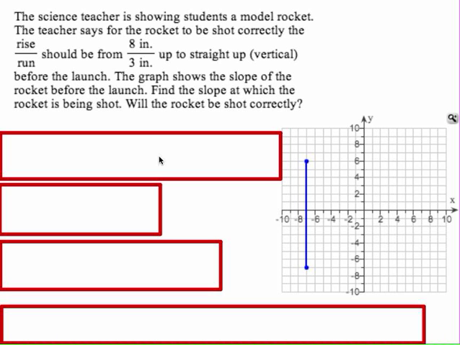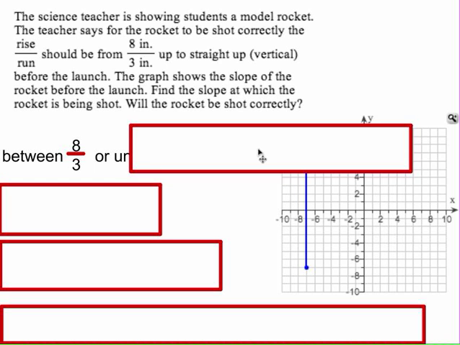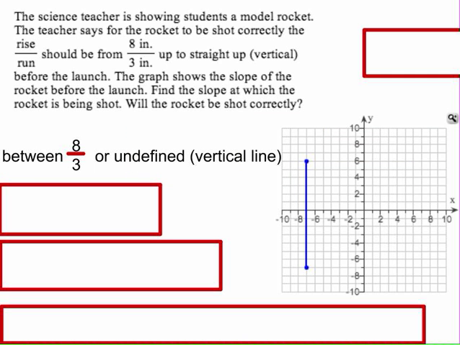Okay, let's first discuss what it should be. According to the teacher, as long as the slope is 8 over 3 or undefined, which is a vertical line. Now we're about to find out why a vertical line is considered undefined.